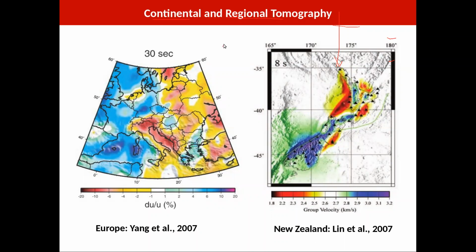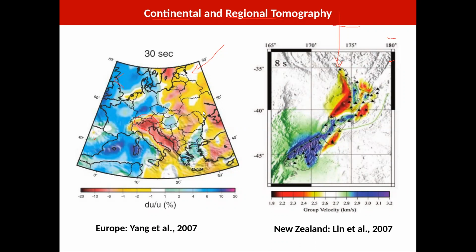This map shows the tomography map of the whole of Europe. Here we are using station distribution from all these countries in Europe, and then you can make a continental scale map. You can see there is this low velocity here around the north and in the Adriatic, and some high velocities in this area.